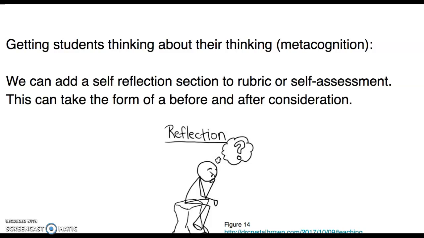And in reflecting on both of these, if they were to do this in written form as opposed to oral form, the goal is to have the student then look at their final writing and then look back at their writing in September at the beginning of the year and actually make a before and after consideration and observation. And of course, they would write about the differences and how they have improved and what things they work better on and how their thinking works or how their thought process has changed.